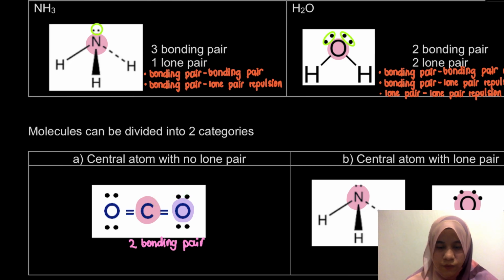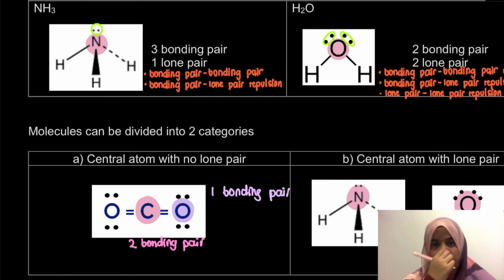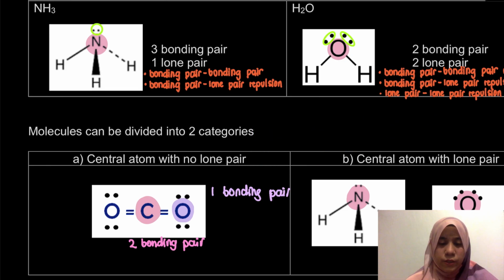So the oxygen only has 1 bonding pair. And then how many lone pairs? Remember, a lone pair means it has 2 electrons. Even though it has 2 electrons, that is 1 lone pair.